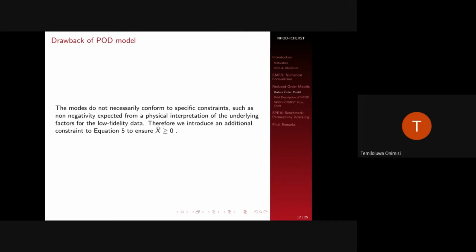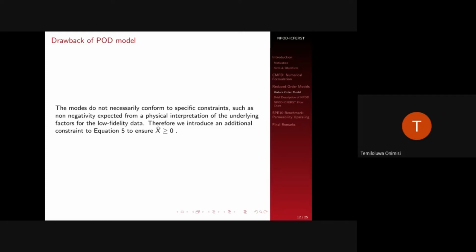Now, a major drawback of the POD model is that for upscaling petrophysical parameters like permeability and porosity, it's expected that the final result should be positive. However, the POD modes are not constrained to be non-negative, so they could be negative or positive, and this is a drawback.